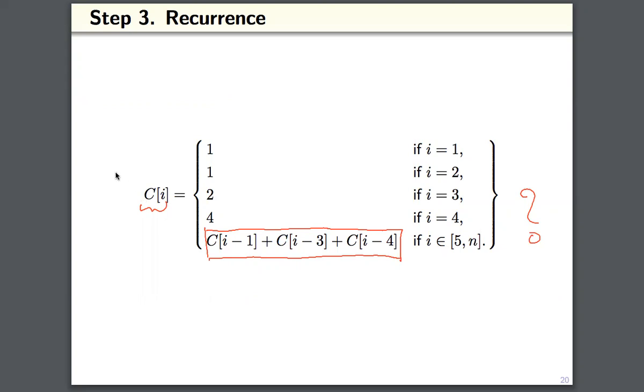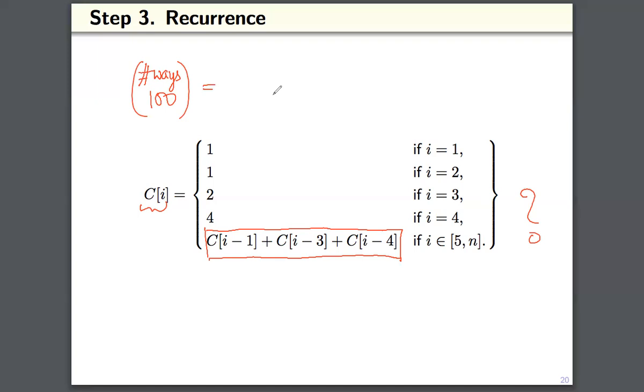Let's take a simple example, and from the example we will generalize. Suppose you want to find the number of ways to express, say, 100 as a sum of 1, 3, and 4. How do you write it?